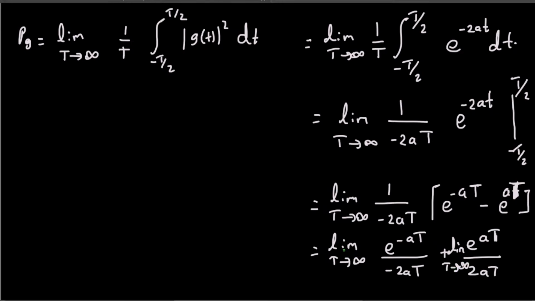Now let's try to apply infinity for this one alone. Here if I apply infinity, this e power negative infinity is 0, and here this one is negative 2at, that is infinity. So 0 over negative infinity, that's a little bit confusing.